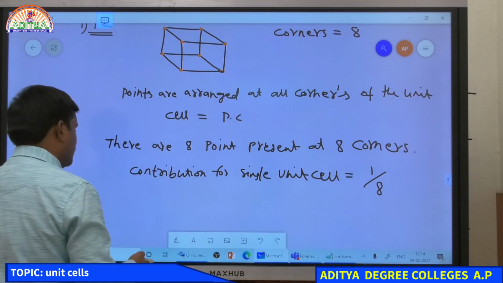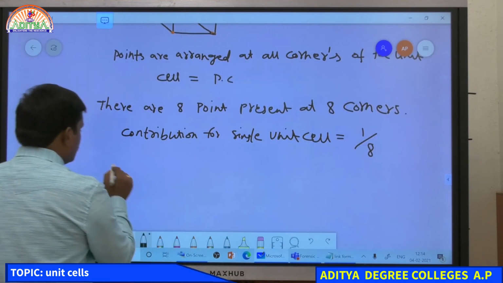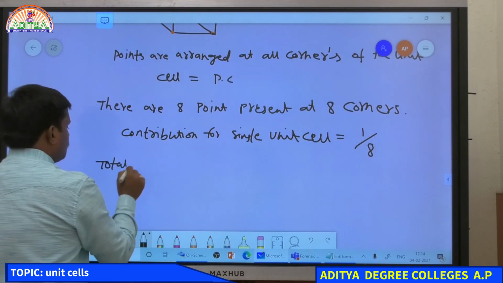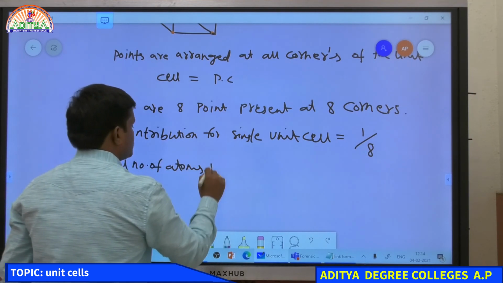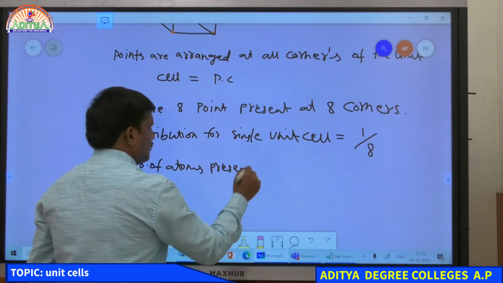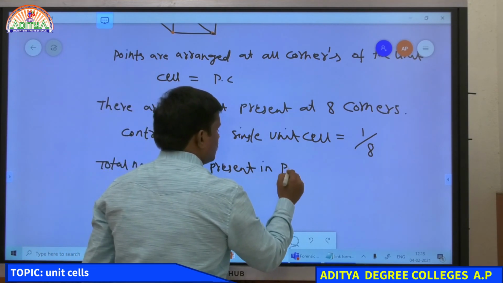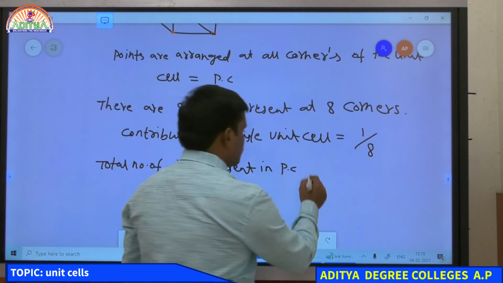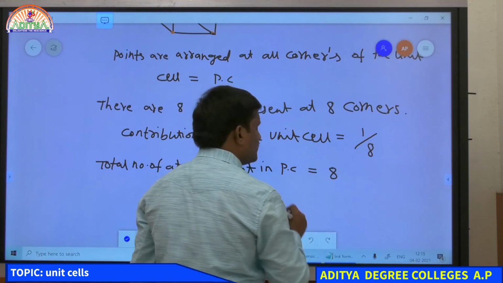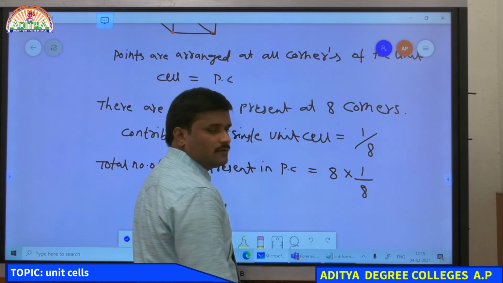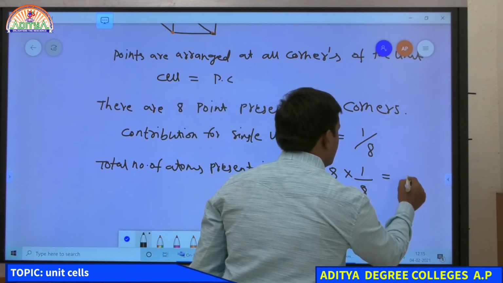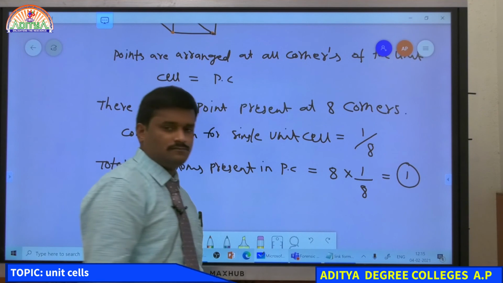Therefore, the total number of atoms present in PC, the primitive cubic unit cell, is: 8 points, but each point's contribution is only 1 by 8. Therefore, the total number of points is always equal to 1.